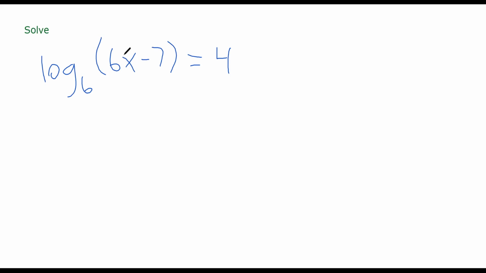There's a few nice things about it. For one, our x value is in the argument of the logarithm. And then the 4, if we were to rewrite this in exponential form, the 4 would be the exponent on a 6, meaning that x would not be in the exponent. So it may actually make sense for us to rewrite in exponential form. That might actually make perfect sense for us.